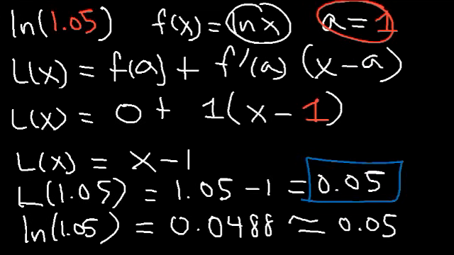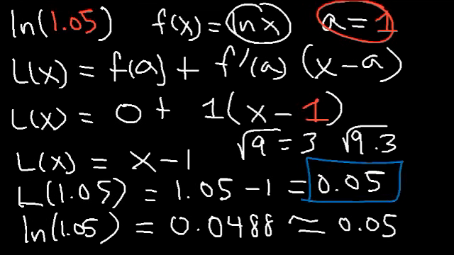So as you can see, linearization is a very useful technique to approximate certain numbers where you know a known value. So let's say if you know the square root of 9 is 3, you can use local linearization to estimate, let's say, the square root of 9.3 or something, or 9.4. So it's very useful to find a value that is close to a known value.